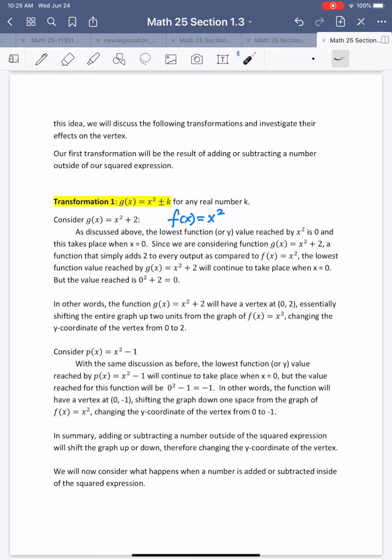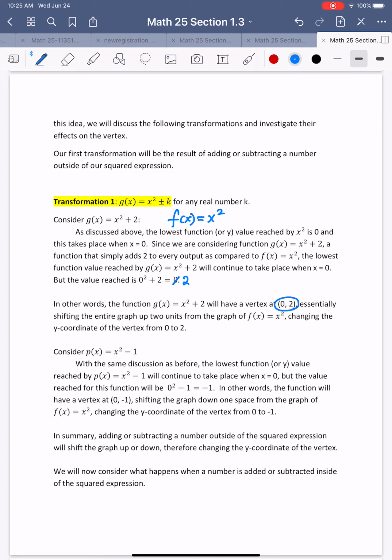Oh, sorry, this must be a 2. So that will be the minimum you can see. In other words, the function g of x equals x squared plus 2 will have a vertex at (0, 2), and all the y values are going to be above 2. Essentially, every point of the graph is shifted up 2 units from the graph of f of x equals x squared, changing the y coordinate of the vertex from 0 to 2.